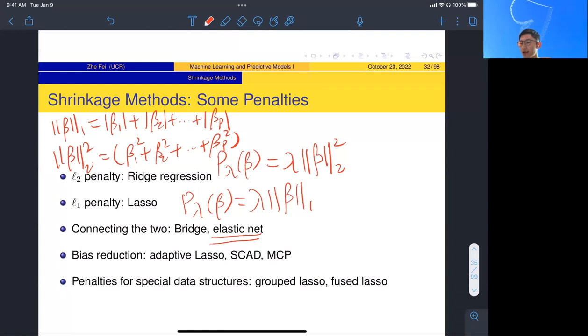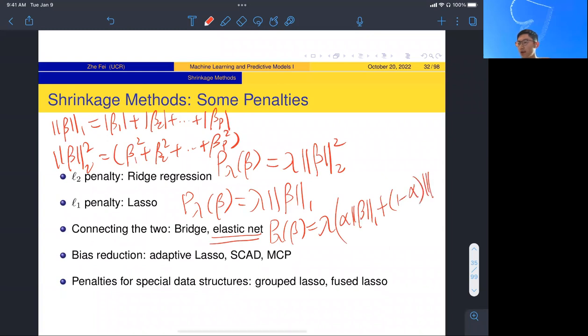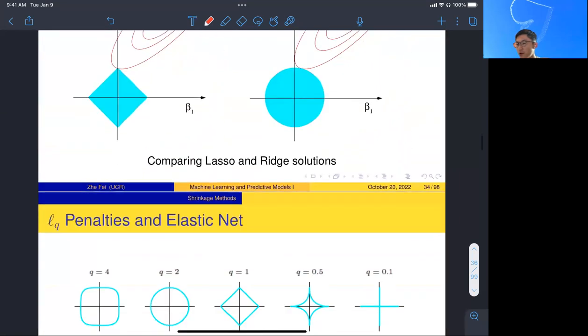So for elastic net, you have p lambda of beta equal to the same lambda, but it's a combination of L1 and L2. So here is an alpha times the L1 plus 1 minus alpha times the L2. Do we have the squared?